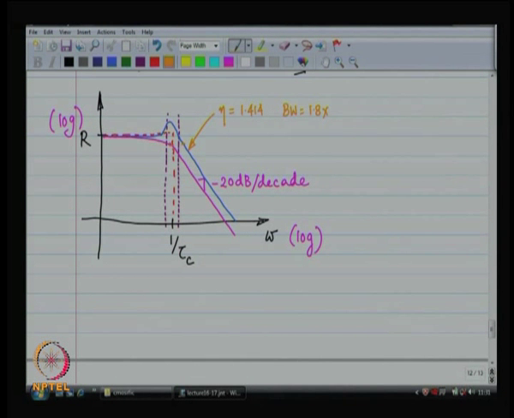1 by tau c. However, I ended up with substantial amount of peaking. So, this phenomenon is called peaking. Why did this happen? This happened because I was over aggressive, because of the pair of complex conjugate poles being rather close to the j omega axis.